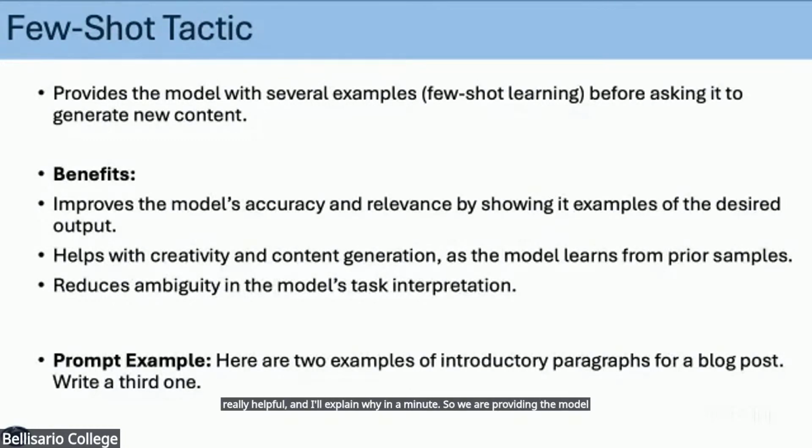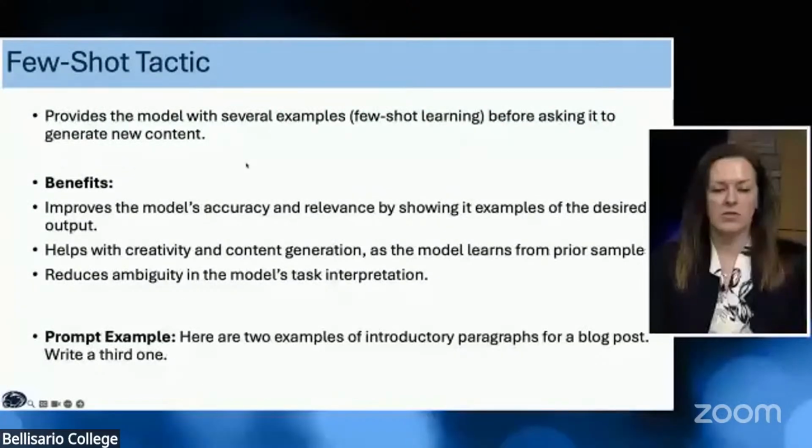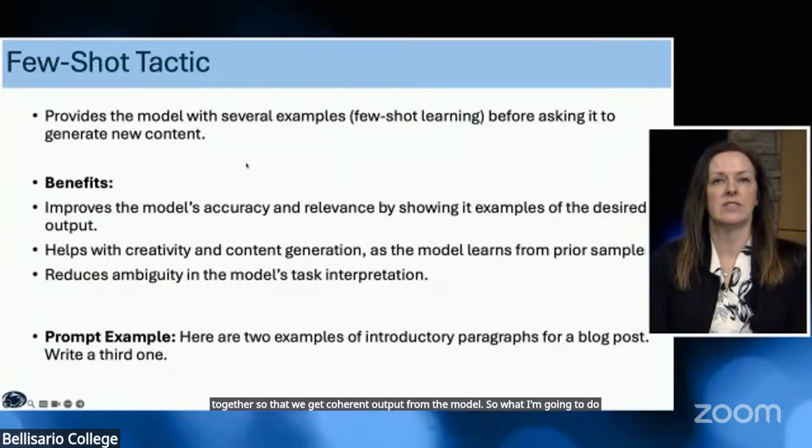We're providing some examples to link these concepts together so that we get really coherent output from the model. What it does is improve the model's accuracy and relevance by showing examples of desired output.